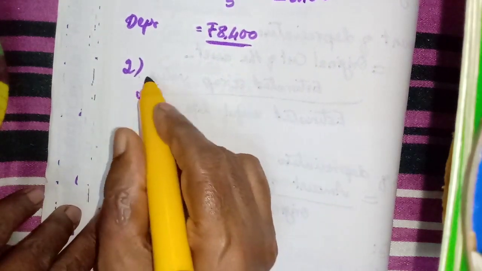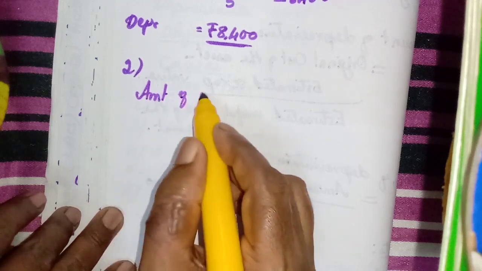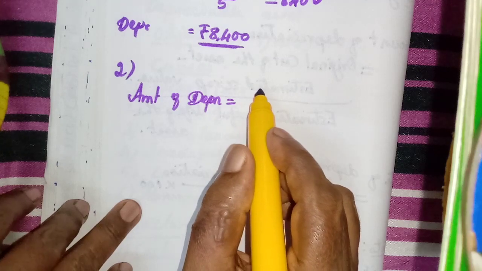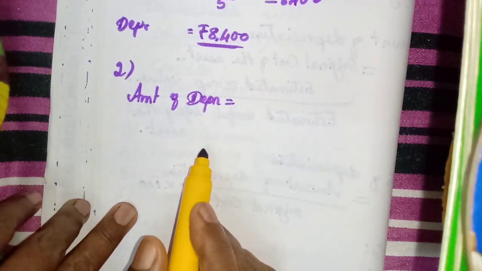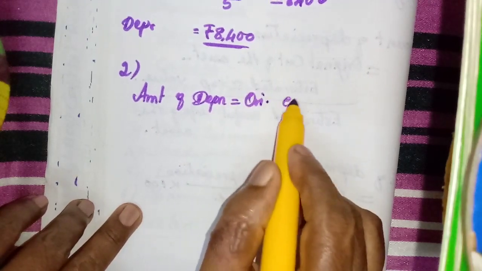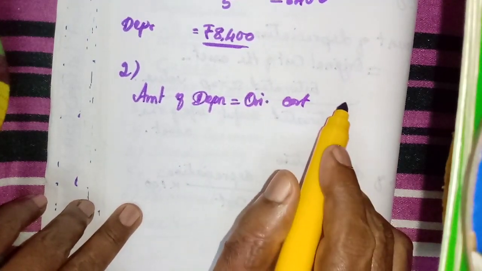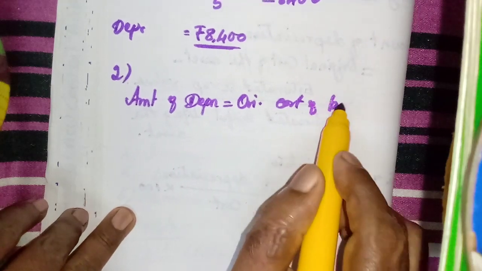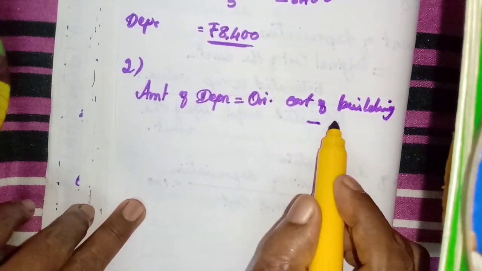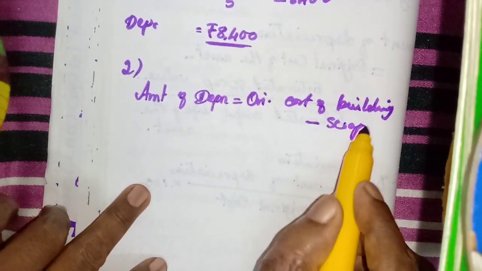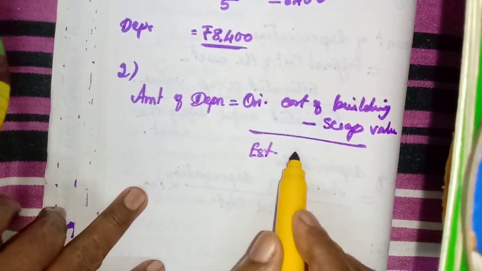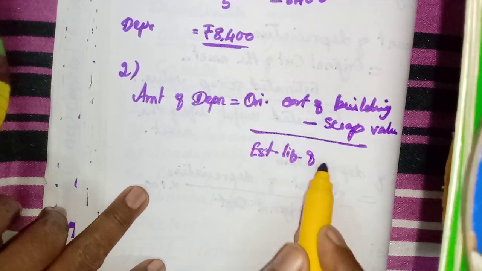So first the amount of depreciation: original cost of the building, or total cost, minus scrap value, divided by estimated life of the asset.